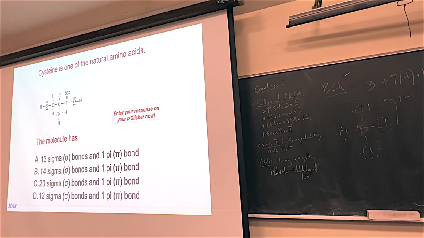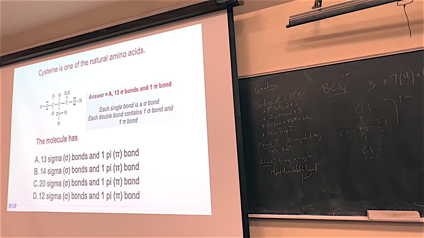So if you know that little detail, then 1, 2, 3 sigmas, 4, 5, 6, 7, 8, 9, 10, 11, 12, 13 sigma bonds. And this double bond up here has also one pi. So there would be 13 sigmas and one pi.